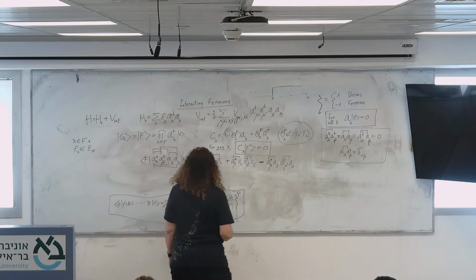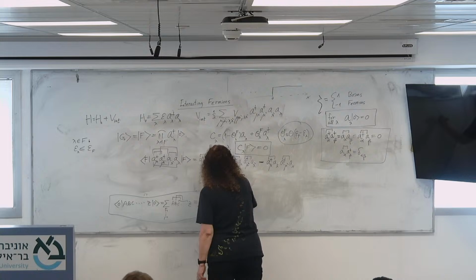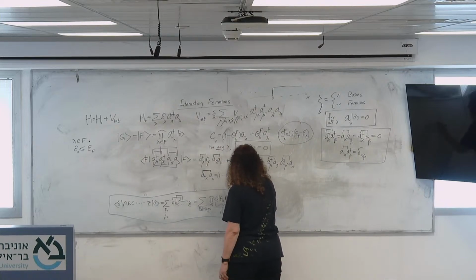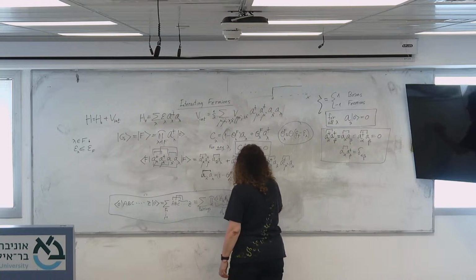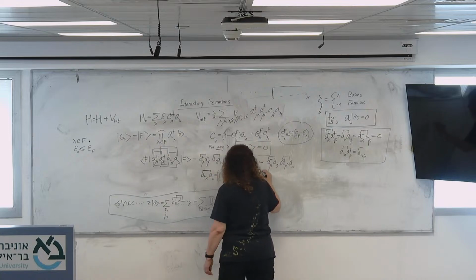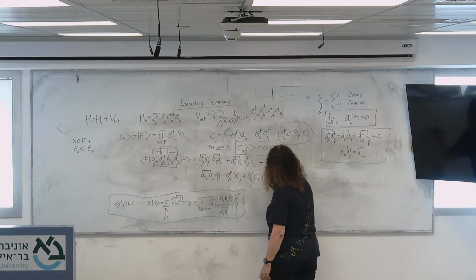So it will give me 1 minus theta C lambda prime plus theta, sorry, this is lambda prime, times C dagger. And this I have to contract with the same thing with the lambda.